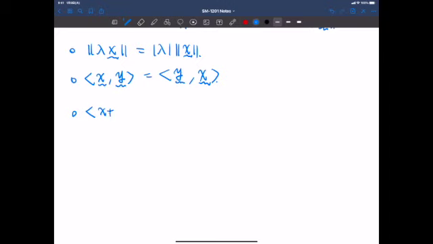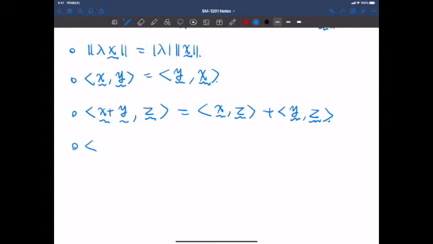Okay, x plus y and z is, so this is kind of a distributive law for scalar product and vector addition. And y, z. And of course, since the scalar product is commutative, we also have this.